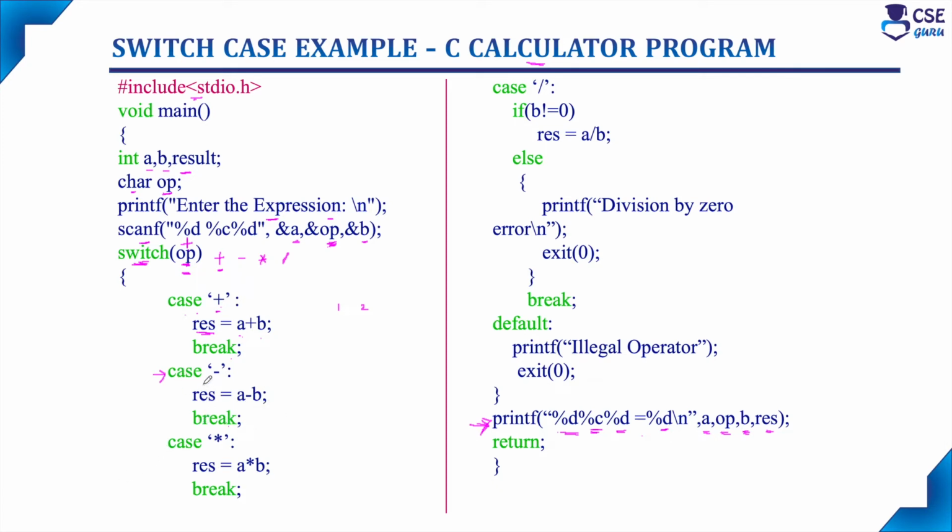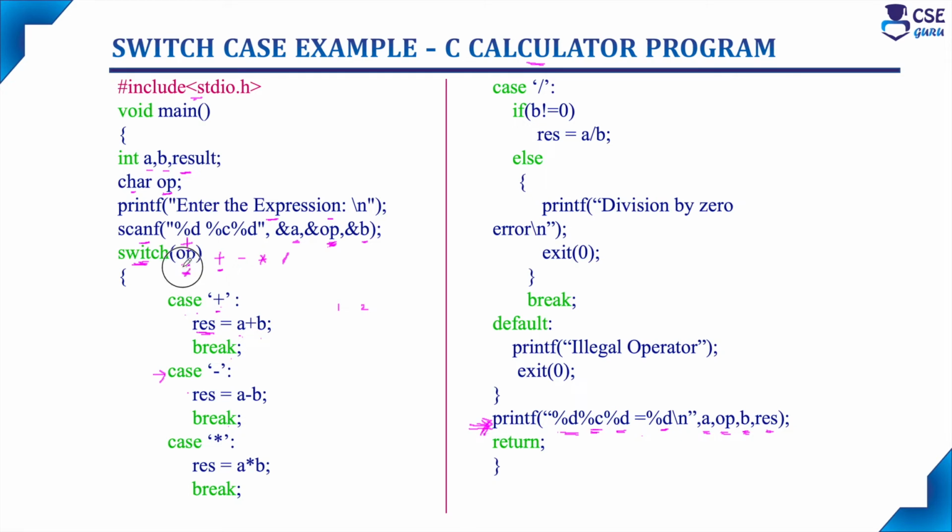Immediately after the execution of this case statement, control will go to this printf statement. So here it won't consider case addition, case multiplication and case division, because the corresponding operator is the minus operator. Only the subtraction operation will be performed in the corresponding case statement, and then control will transfer out of the switch statement.